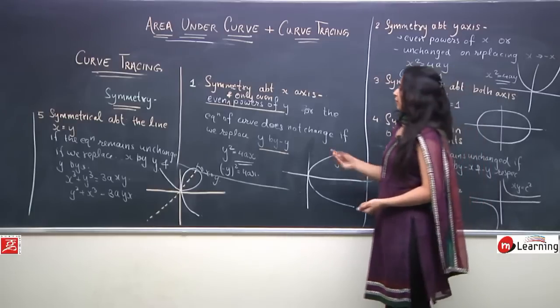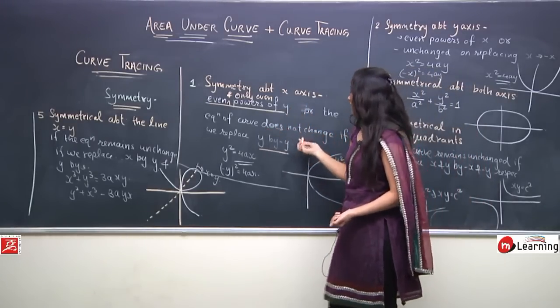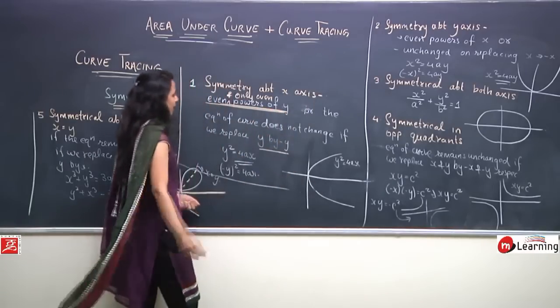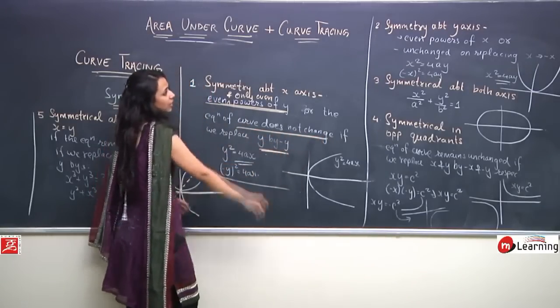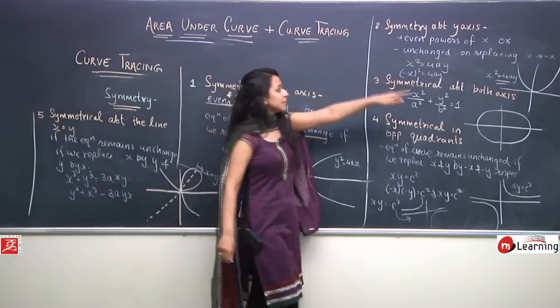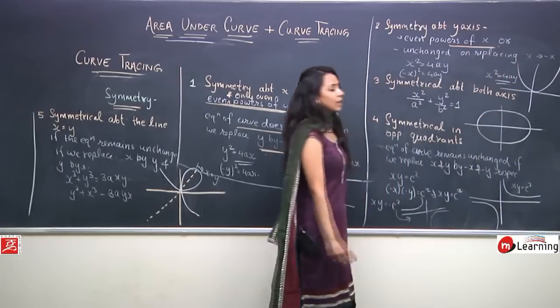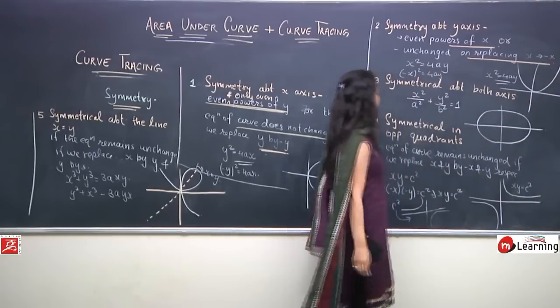So we can define symmetry about x axis. A curve would be symmetrical about x axis if it has even and only even powers of y, and the equation of the curve does not change if we replace y by minus y. Symmetrical about y axis if it has even and only even powers of x and the curve remains unchanged when replacing x by minus x.